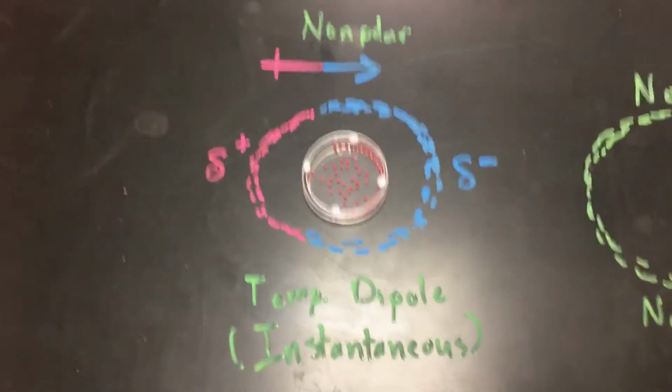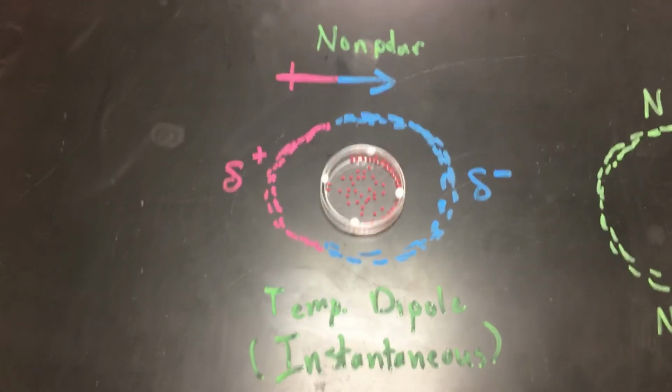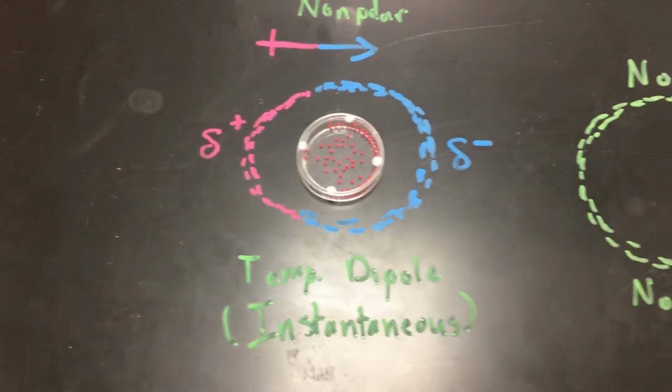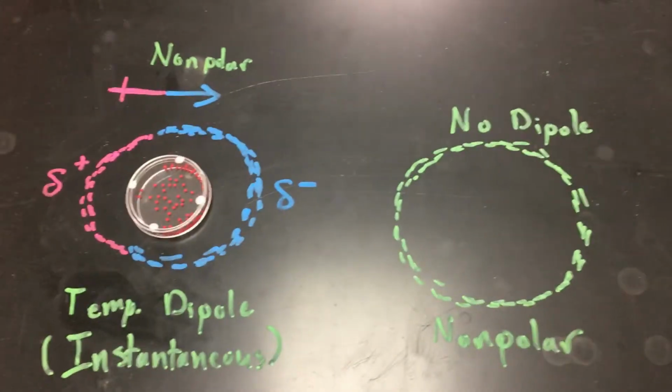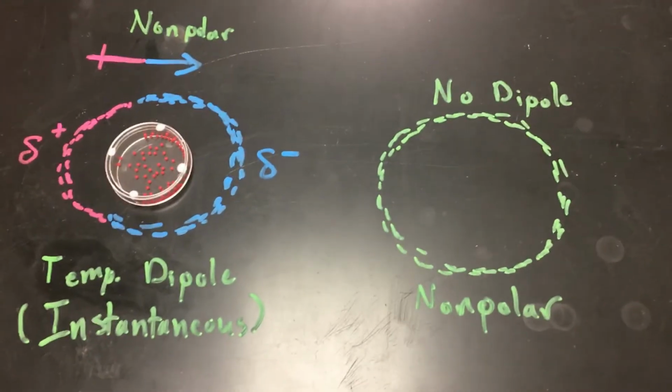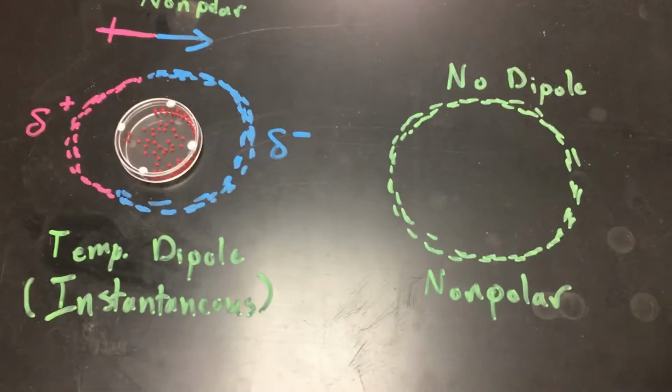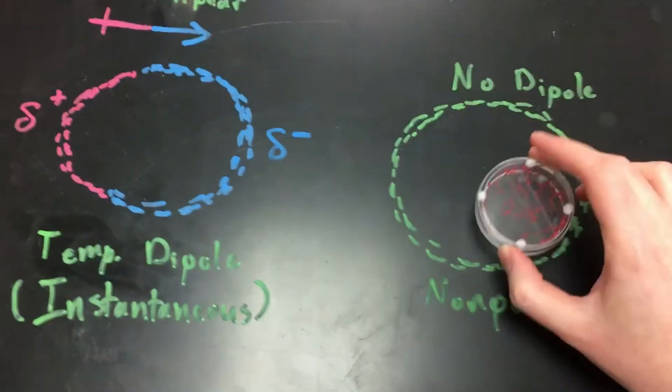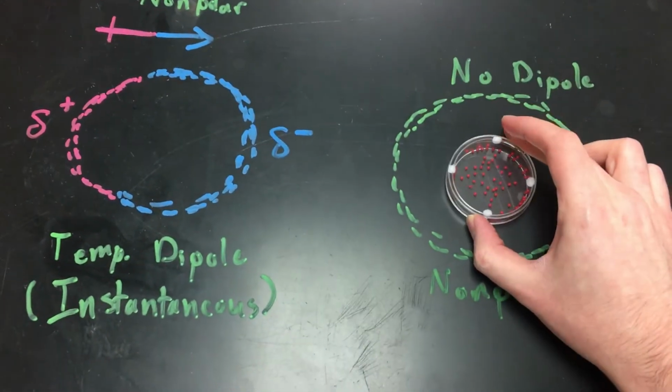Okay? So what happens if this molecule then strays over to another nonpolar molecule that doesn't have a dipole? It's got a pretty even distribution of electrons, and it's just hanging out like that.